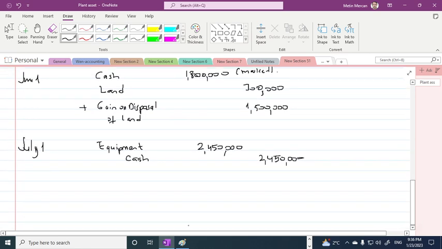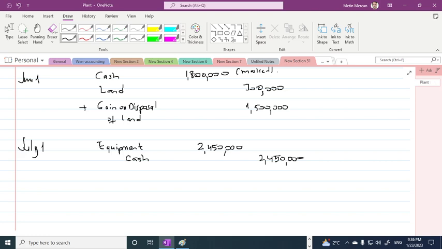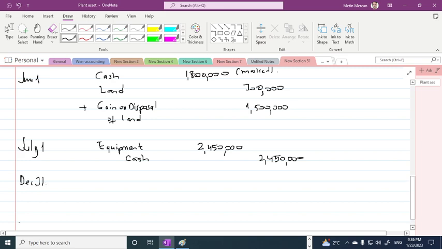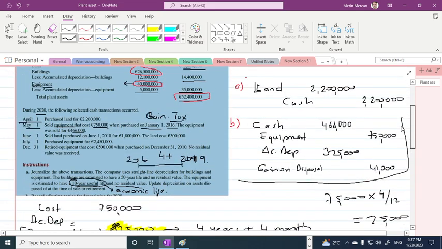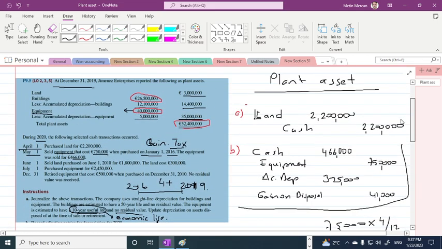Alright, and then at the end of the year we do adjustment entries, right? Now we know that on December 31, before we prepare our financial statements, we know from very early chapter 3 that we need to adjust our accounts, because these assets are depreciated, right?